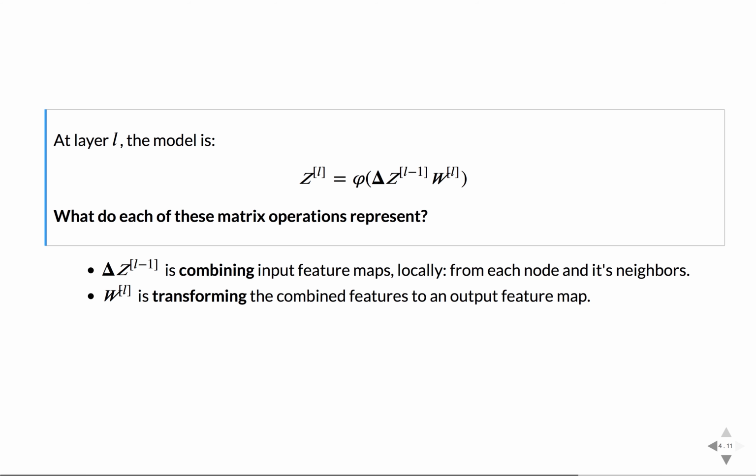So each node is combining features from itself and its neighbors. And the multiplication with this learned filter W is learning how to combine these features to represent the output feature map. Just like in convolutional layers, we want each output feature map to be a function of all the input feature maps. So that's what we're doing here. First, we're using local features, and then we're combining to create the output feature map.